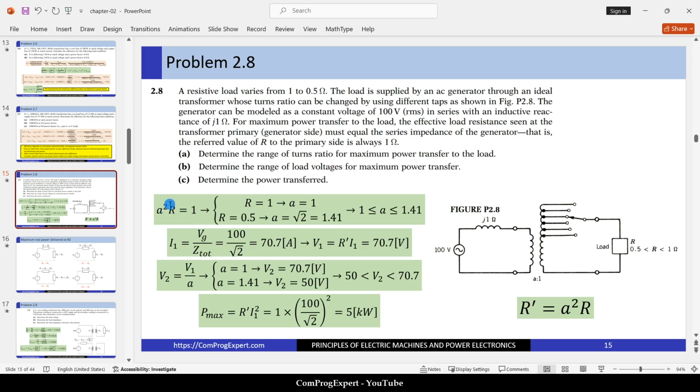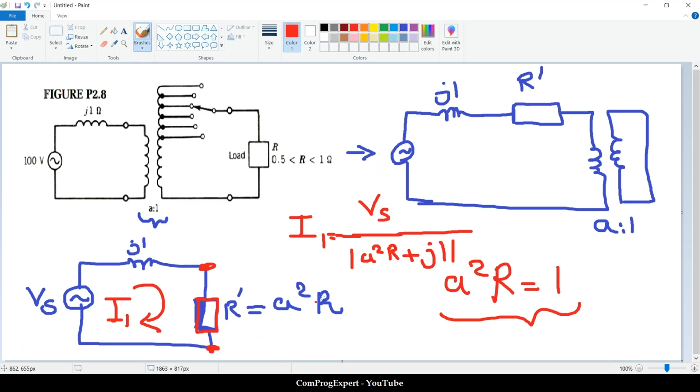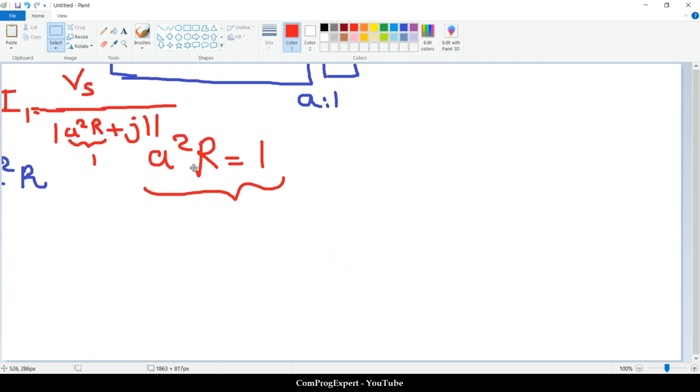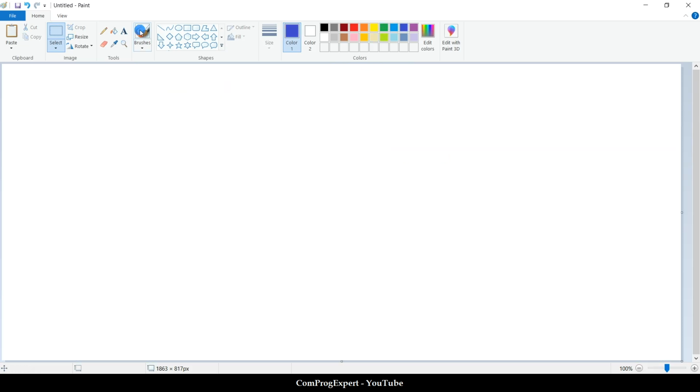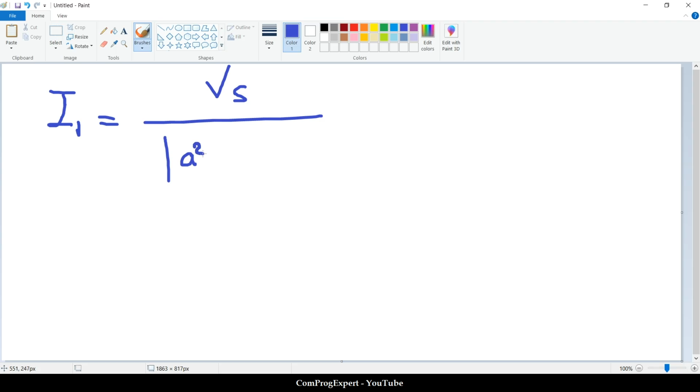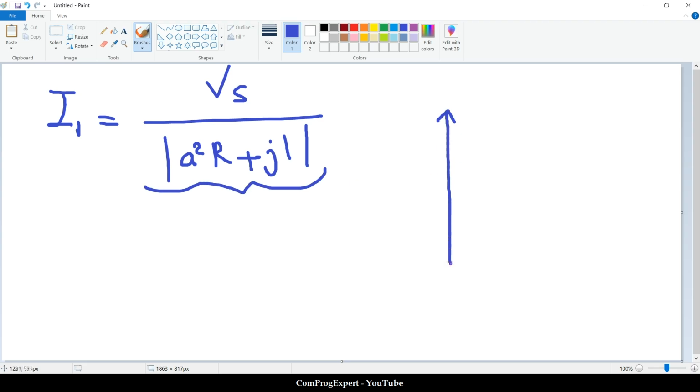A squared times R is equal to 1. Yes, this is 1. Let me rewrite it. The value of I1 is equal to Vs divided by A squared R plus j1. This is a complex number, right? This is A squared R that is equal to 1, and this is the imaginary part.